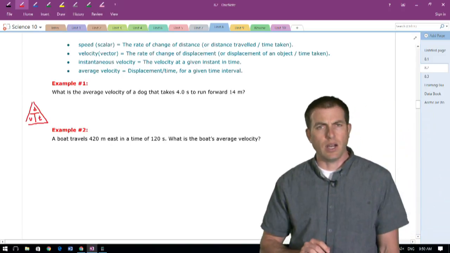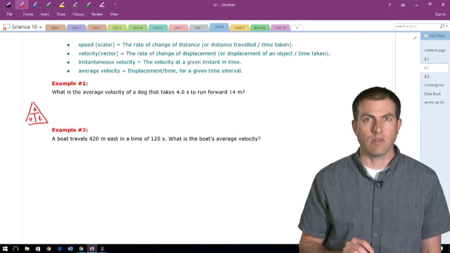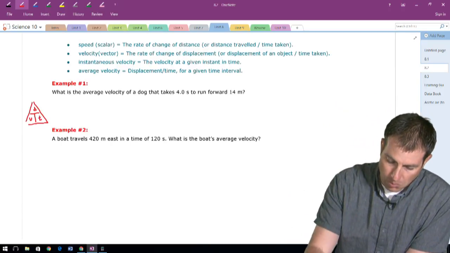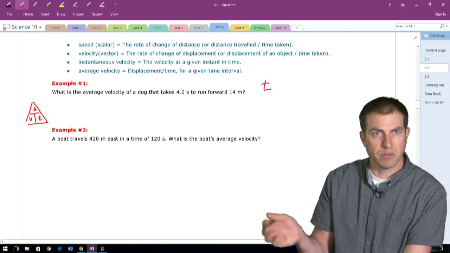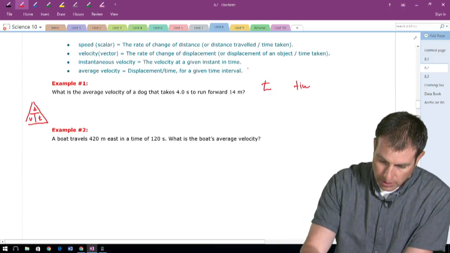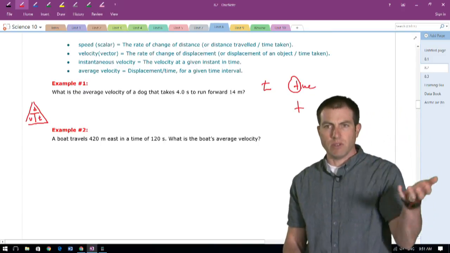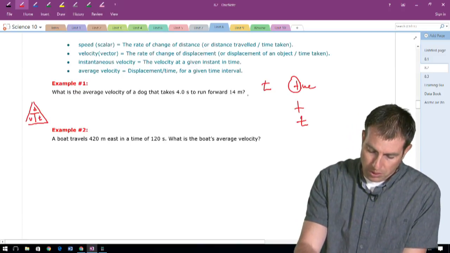I don't know if I've ever mentioned this before in this class. I'm trying to think if I have or not. I know I talk about it in grade 8 science a lot. When I write the letter T for time, normally if I wrote the word time, I'd write it like this. My T would just look like that when I write every day. But when I write the variable for time, I always give it the little bottom.